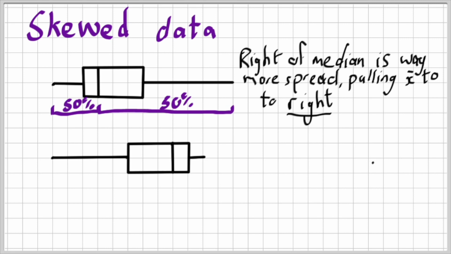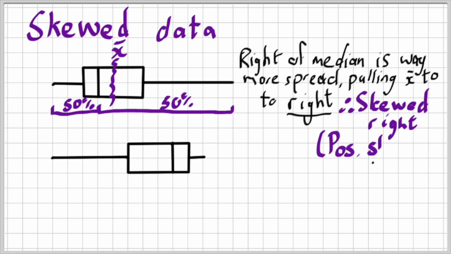That doesn't fit the other 50%, it pulls my mean to the right, which means my mean is to the right of my median. Whenever this happens, where's the spread? To the right. So therefore, it is skewed to the right, or positively skewed. That means it is skewed in the positive direction. It's being pulled to the right. That's as simple as that.